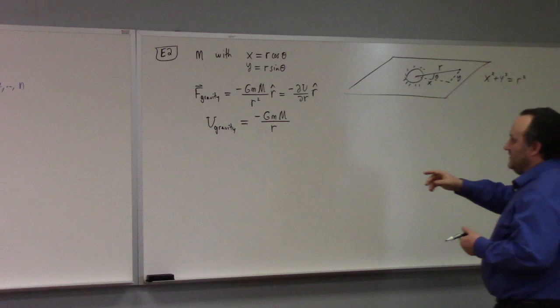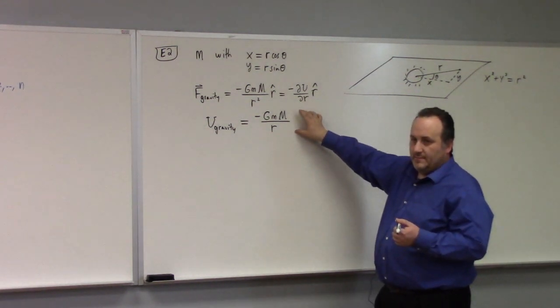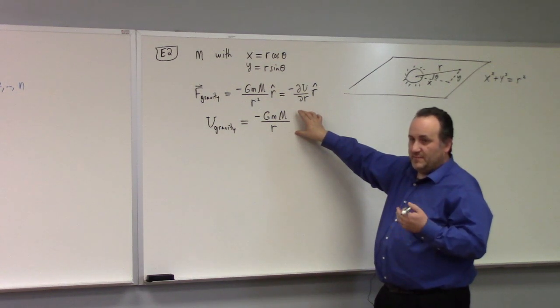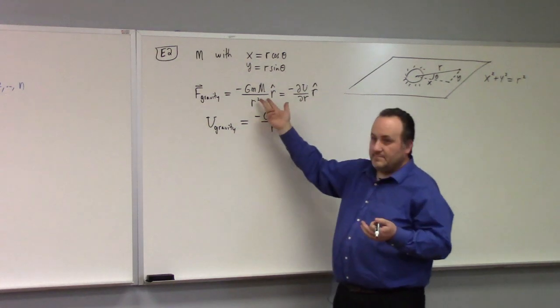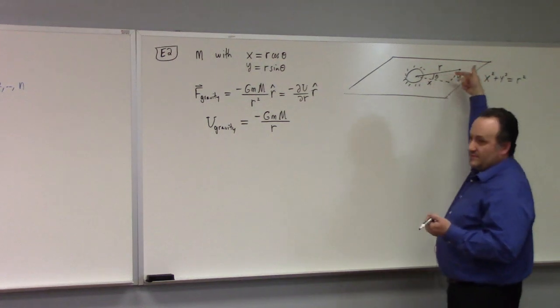If I take the derivative of this, I get a minus a minus, which gives me G m M over r squared. But then by the definition of potential energy, I put a minus on that derivative to get back the force, which should be attractive like that. And there's no theta component because the gravity just acts in a directly radial way.